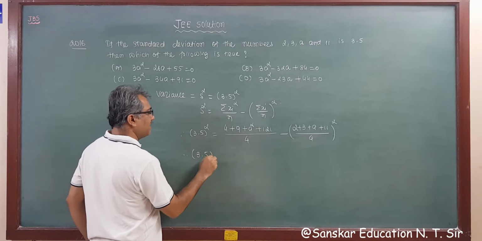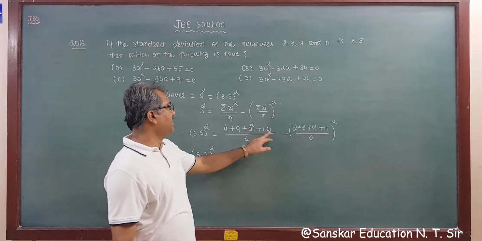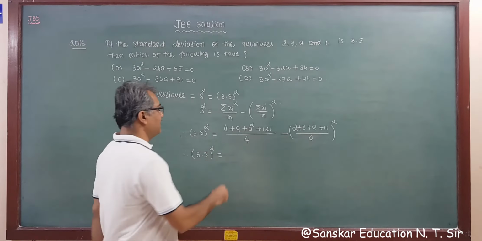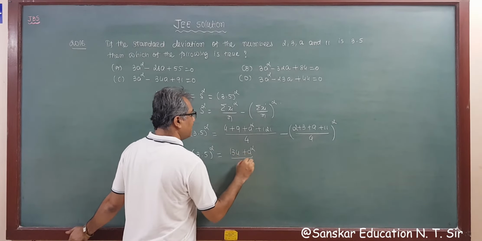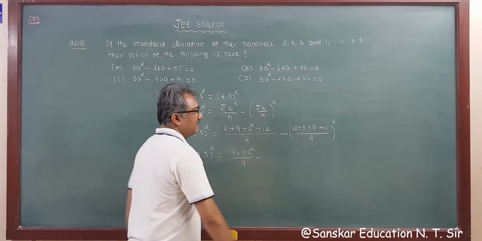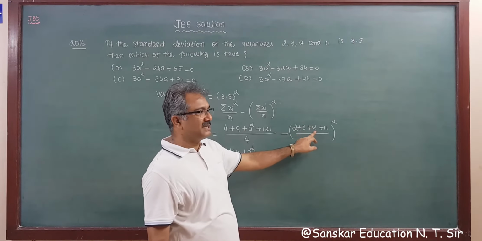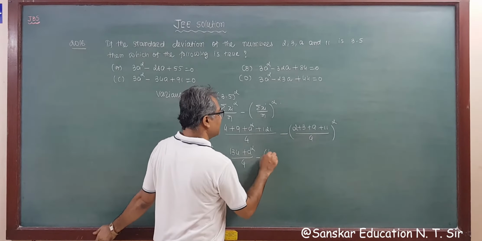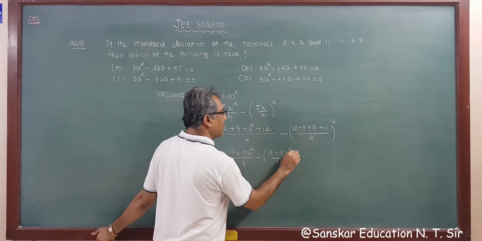Adding up the terms, that is 134 plus a square divided by 4, minus 16 plus a divided by 4 whole square.